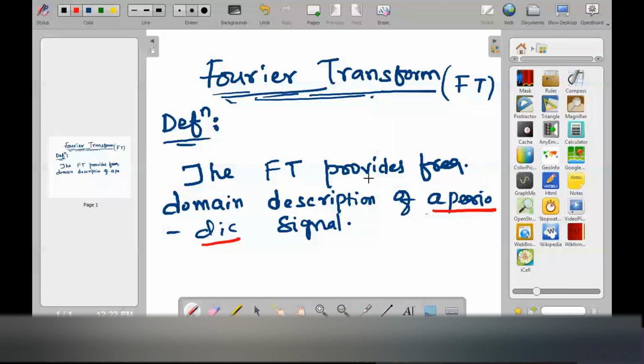Which description? The frequency description of a signal of type aperiodic.